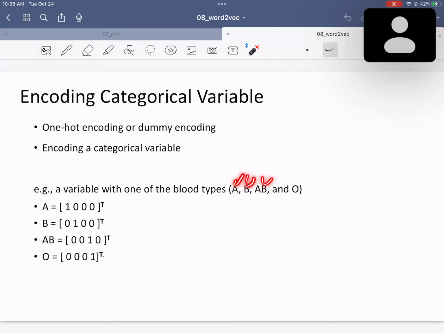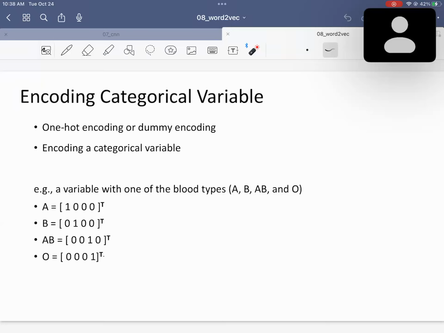So we prepare a 4-dimensional vector, and each dimension represents a specific type. The first dimension represents A, the second B, the third AB, the fourth O, and only one of the 4 dimensions can be turned on as 1, and the others have to be 0.